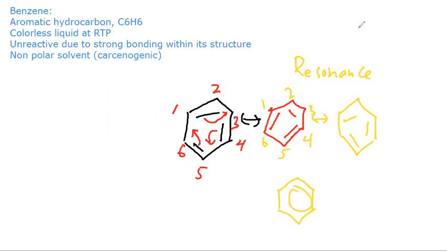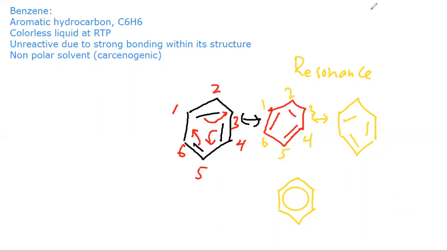So basically, I can use a circle to represent the movement of electrons.